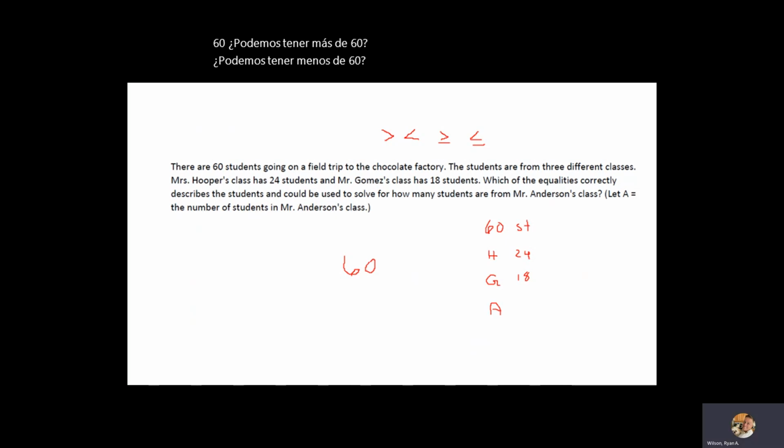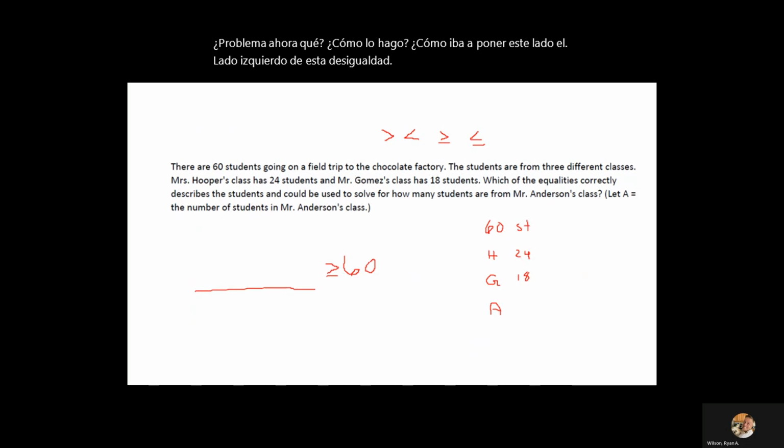Okay, because we're writing an inequality, we can have less than 60 or equal to it. So what else can I do to continue writing this problem out? How would I set up the left side of this inequality? Very good.